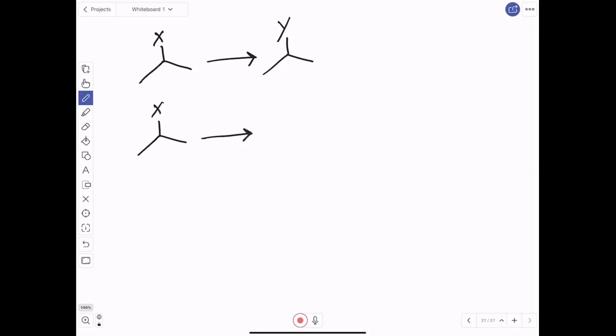Another reaction is elimination reaction. You're removing a leaving group and a hydrogen, and a double bond, a pi bond forms between the alpha and beta carbon. We also know addition reactions. We are adding 2 groups to sp2 carbons of the double bond. Actually, the pi bond becomes 2 sigma bonds.